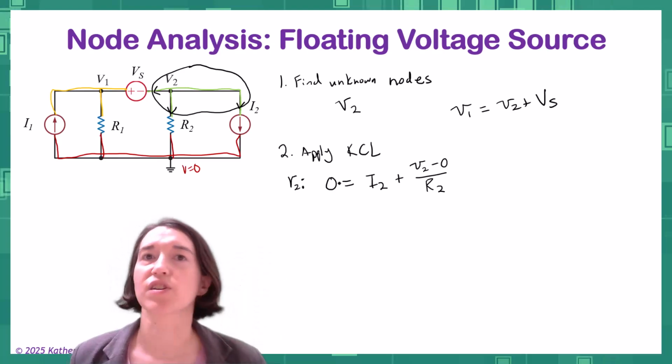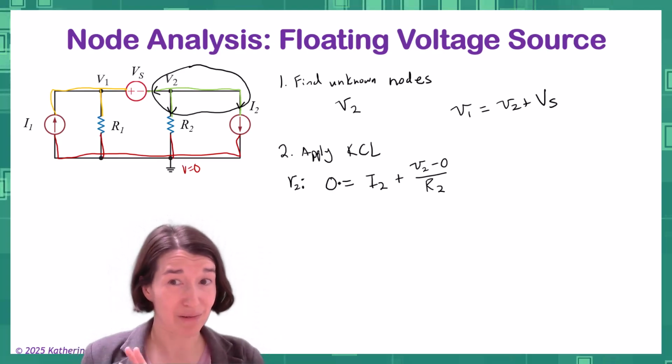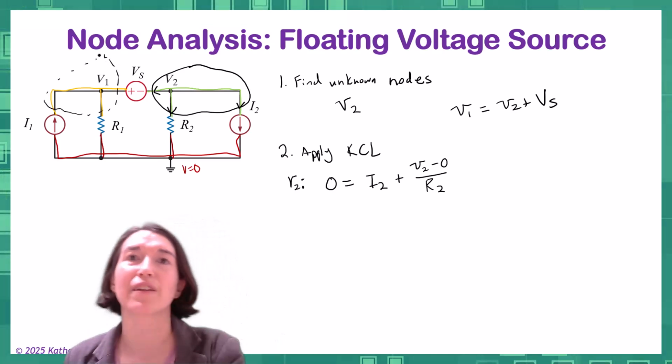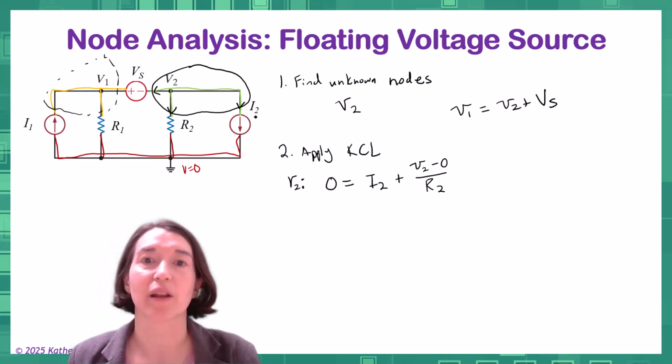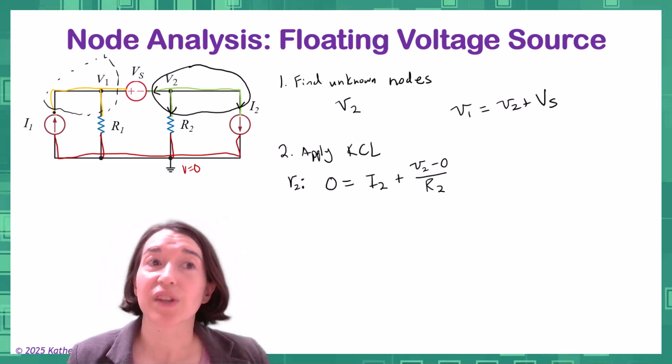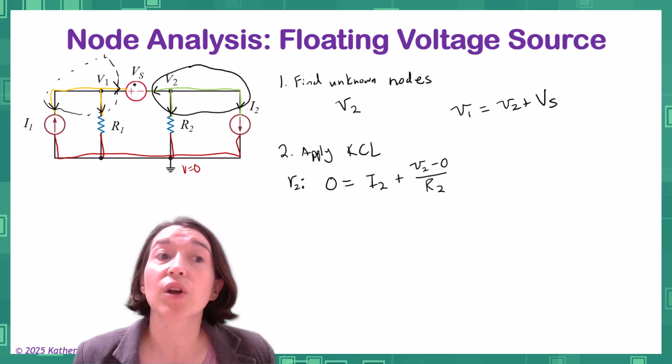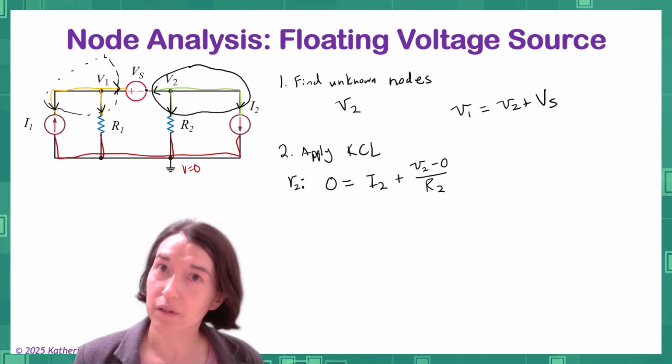We could define our unknown as V1 and then apply KCL on the other side. You'll see we'll run into the same problem, because again we don't know the current going into the current source.